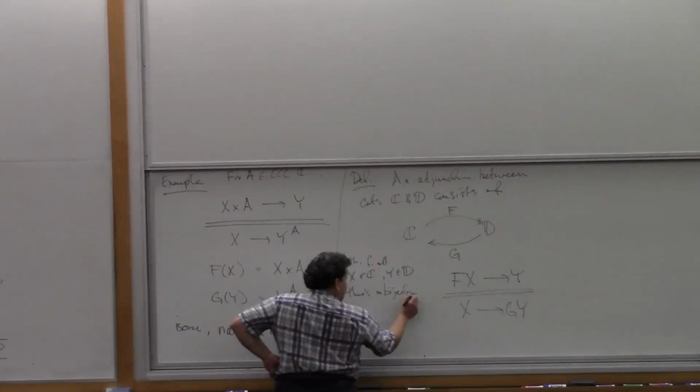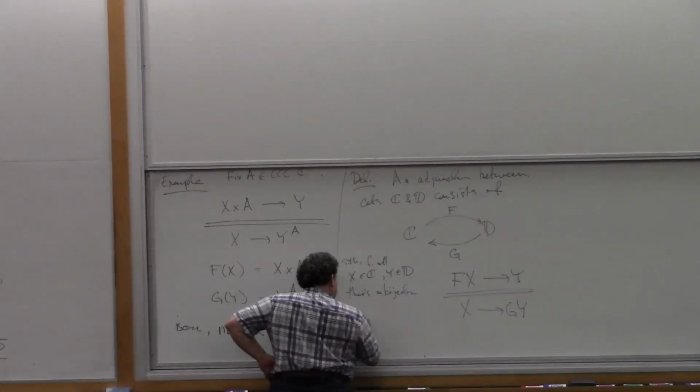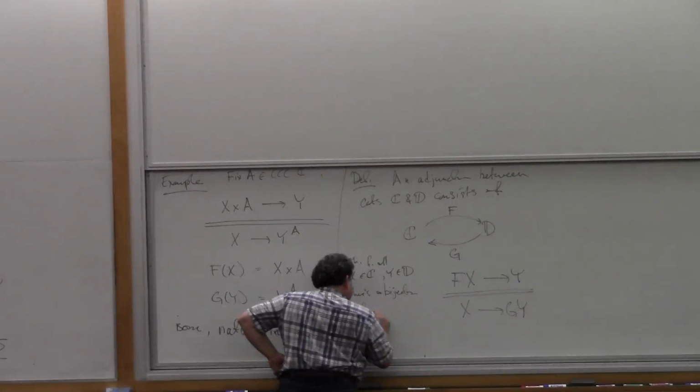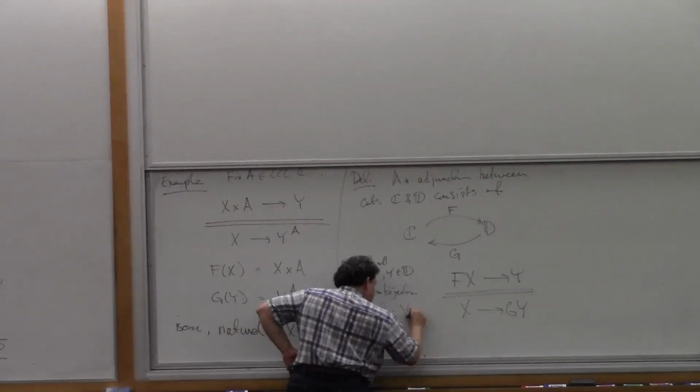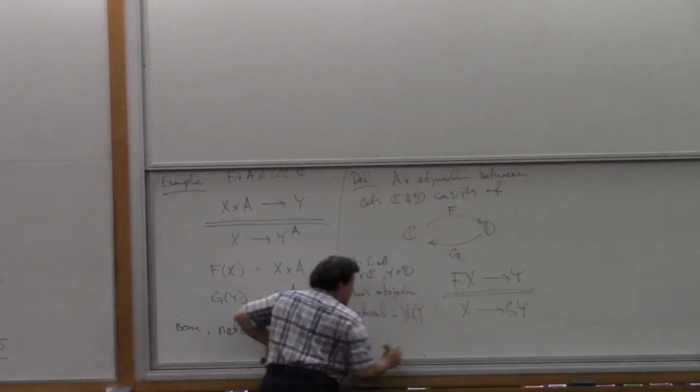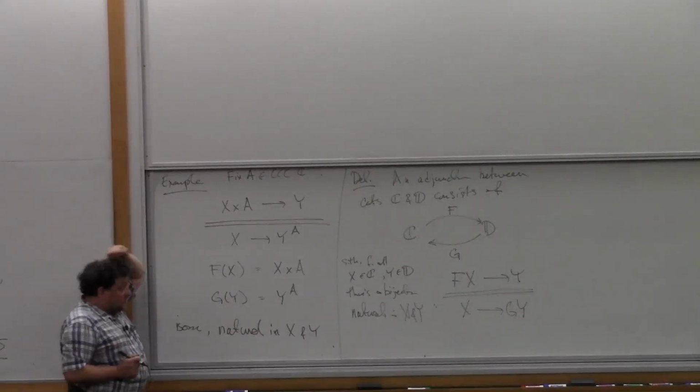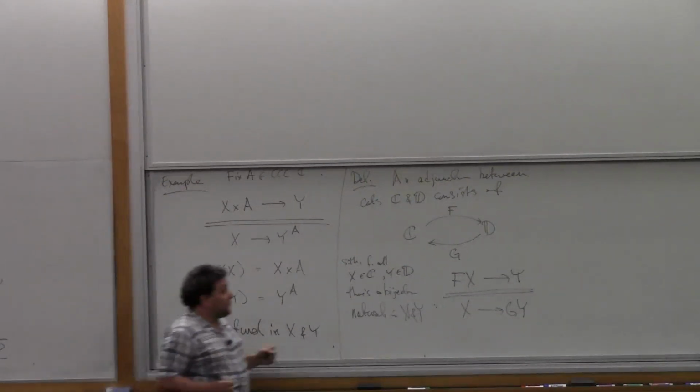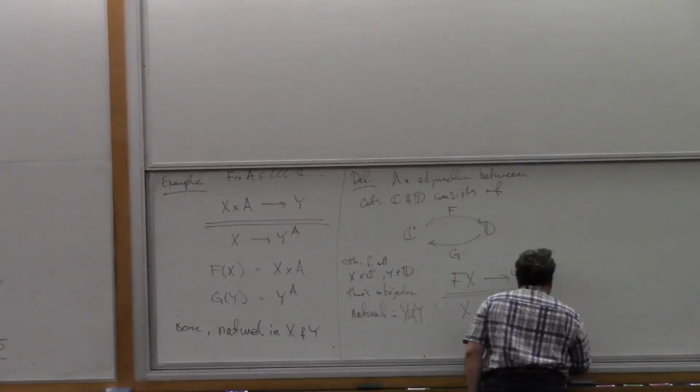And moreover, it's a bijection that's natural in x and y. Good. So that's the definition of an adjunction.